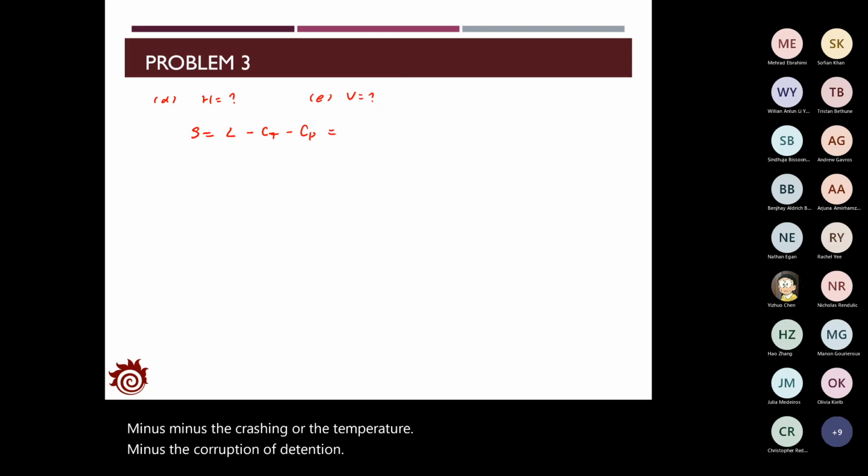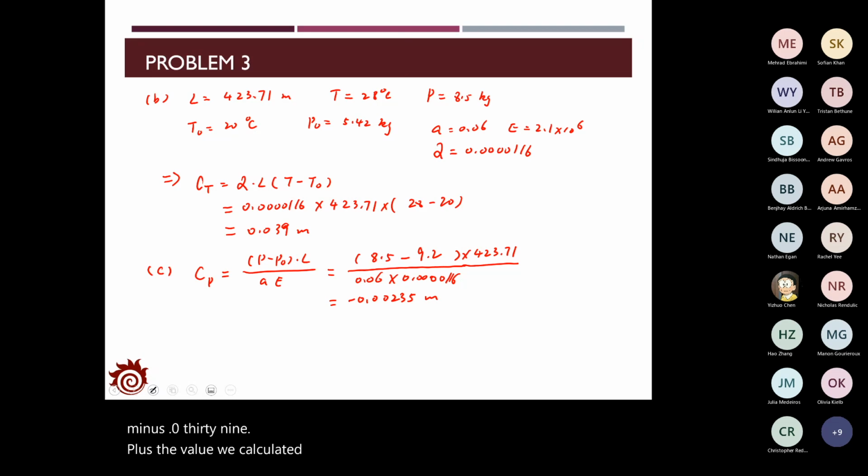So with that, we can get the result as 423.71 minus 0.039 plus the value we calculated previously, minus 0.00235.